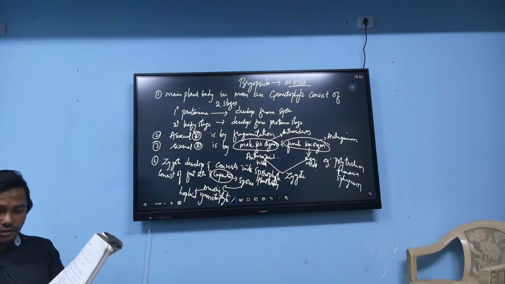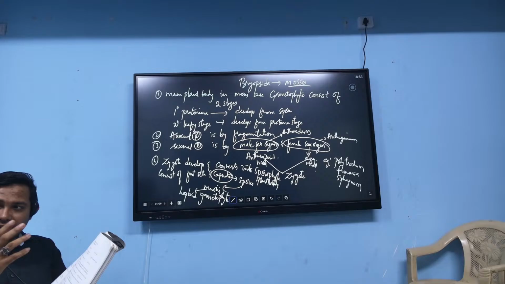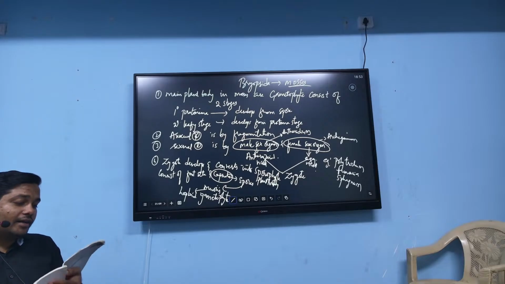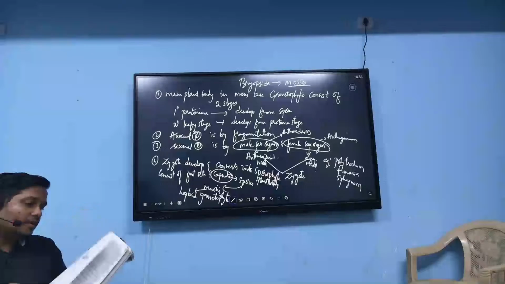Once double fertilization is seen, one time zygote formation and one time triploid endosperm formation is seen. In others we are not able to see that. So this is the special character. Option C will be the correct answer.